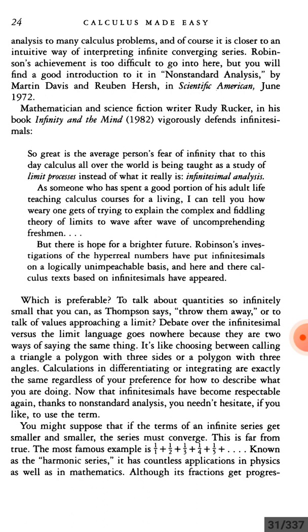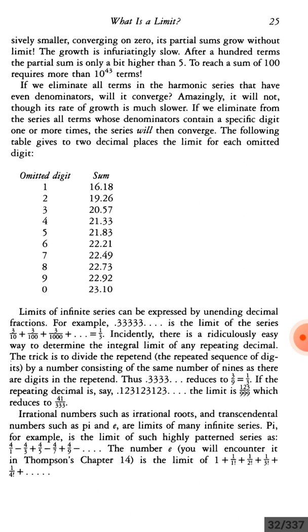Although its fractions get progressively smaller, converging on zero, its partial sums grow without limit. The growth is infuriatingly slow. After 100 terms, the partial sum is only a bit higher than 5. To reach a sum of 100 requires more than 10^43 terms.